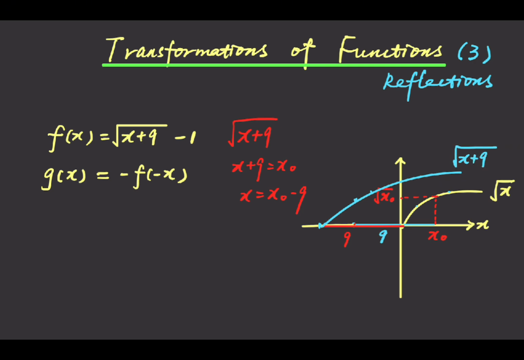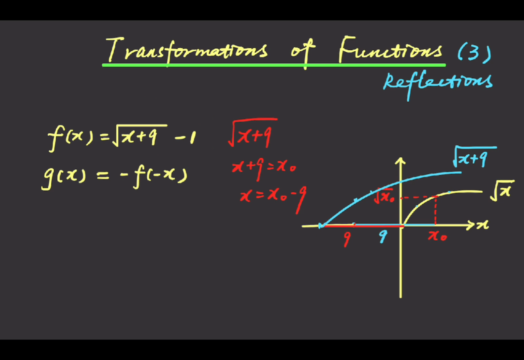On the basis of this function, we just need to translate this function upwards by 1 unit. So this point should be here. That is to say, every point on the blue graph, we just need to move them upwards by 1 unit. So we connect them, we can get this graph.